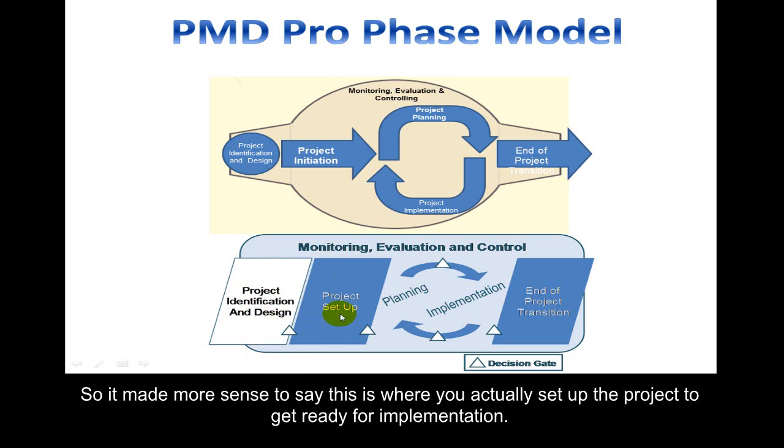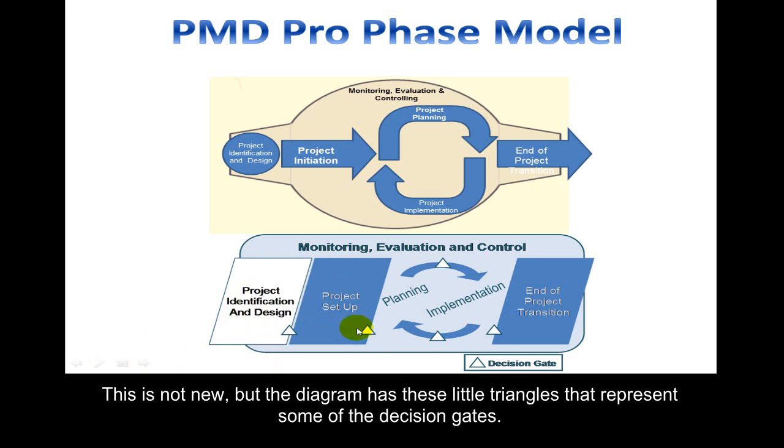So it made more sense to say this is where you actually set up the project to get ready for implementation. And then this is not new, but the diagram has these little triangles that represent the decision gates.